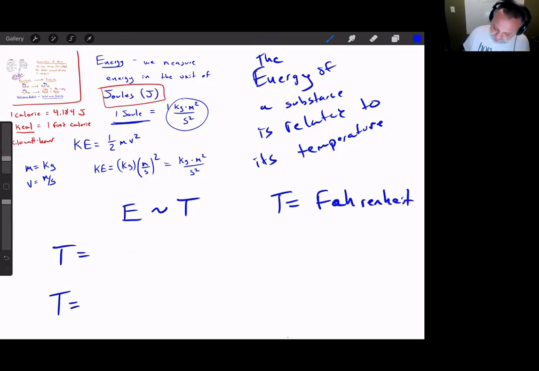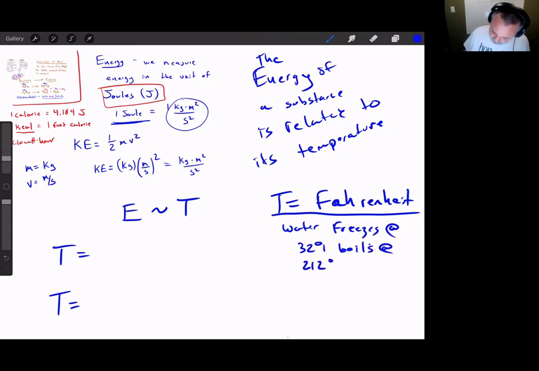In the Fahrenheit scale, water freezes at 32 degrees and it boils at 212 degrees Fahrenheit. And the relationship between Celsius and Fahrenheit is that you can get the Celsius temperature by taking the Fahrenheit temperature, subtracting 32, and from the result, dividing it by 1.8.